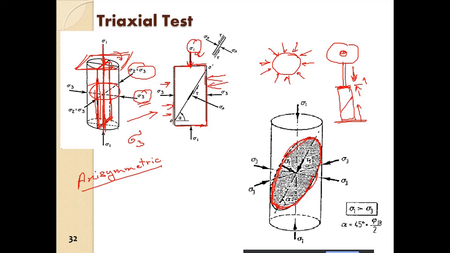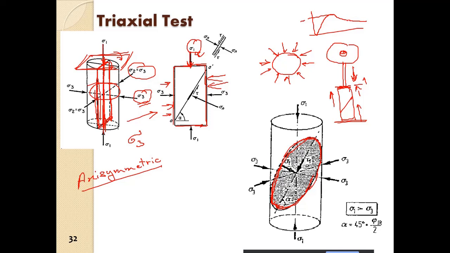When the sample shears, the soil cannot put more load onto the proving ring and the load decreases. So we have this kind of curve, and this is the maximum load that it can take. Of course, we will see this when we define the various shear strength definitions.